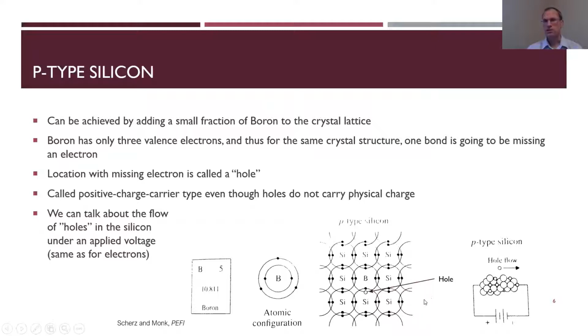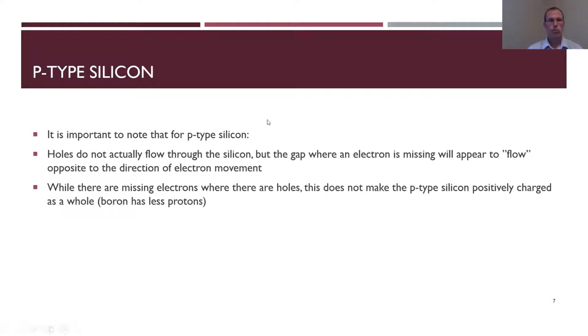And so we think of that hole as moving, and that's creating our current through the circuit. So that's what I said before. The holes don't actually flow, but we still talk about them moving and the holes being the positive charge carriers.